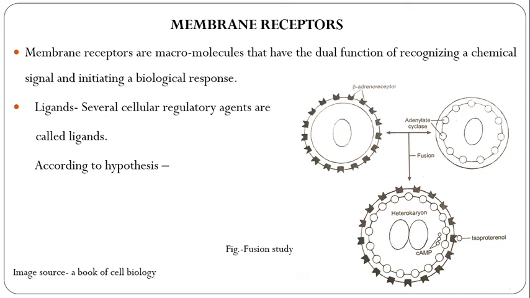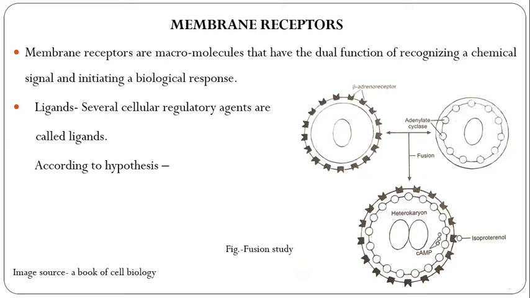This phenomenon is confirmed experimentally by fusion studies. See in the diagram, the cell having the beta adrenoreceptor, dark in color.